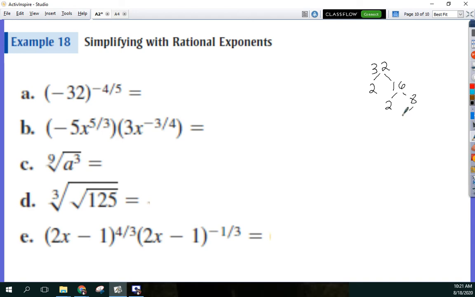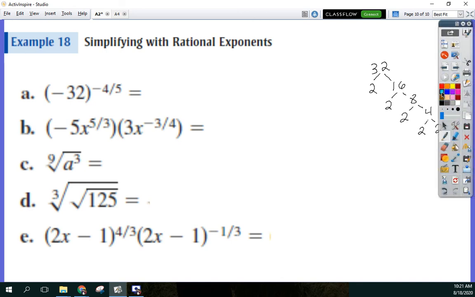Then we have 2 and 4 and 2 and 2. So remember that if I were to rewrite this 4/5 as a radical, I would have 32 to the 4th power, and it would be underneath the 5th root. Because we're looking at a 5th root, we're wanting to look for groups of 5.